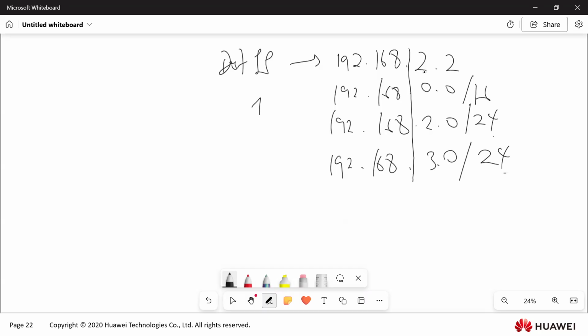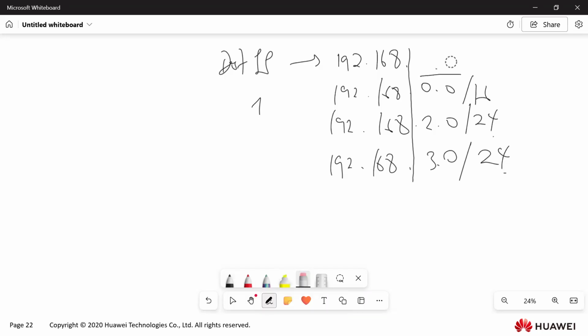Then when we start looking at this part, we have to convert it to binary to see what's happening there. So convert 2 to binary. I get something like this, 00000010.